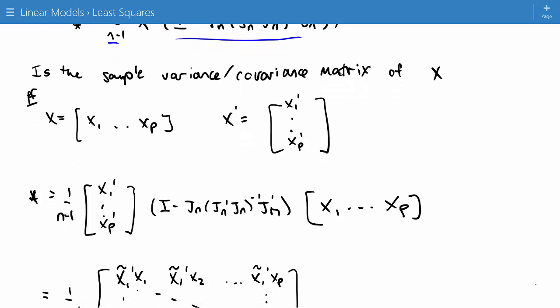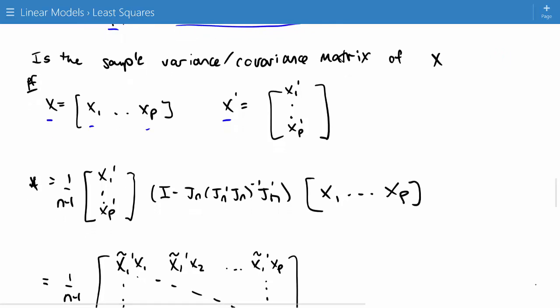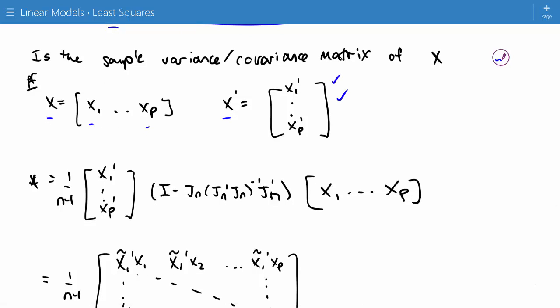Let's see this. So if I write X as the partition matrix of its columns, x1 to xp, then X transpose is again the partition matrix of its columns transposed now as rows. Here I've written this out.